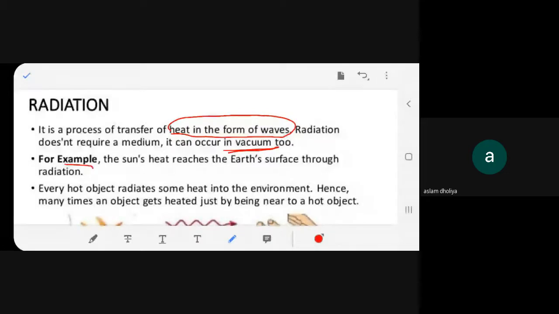By radiation. The sun is reaching us by the phenomenon known as radiation. And any hot object, for example, a gas stove, your geyser, a hot plate, all this radiates heat into the environment.